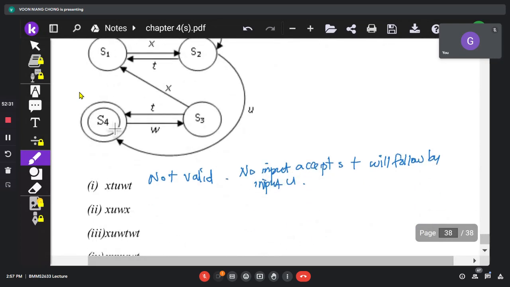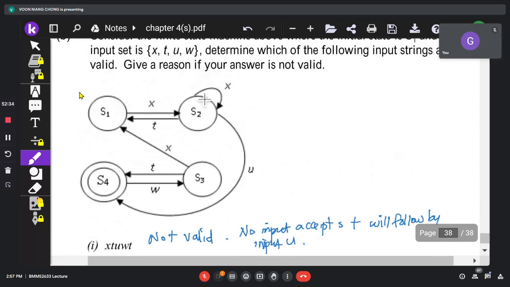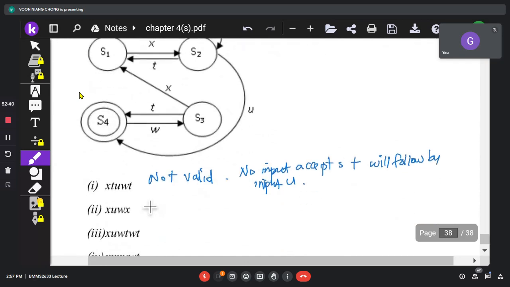Then XUWX, XUWX equals to S1, isn't it? So this is also not valid because it is not an acceptance state. S1 is not an acceptance state. Then the rest, XUWT, you can see XUWT, okay, this is valid.